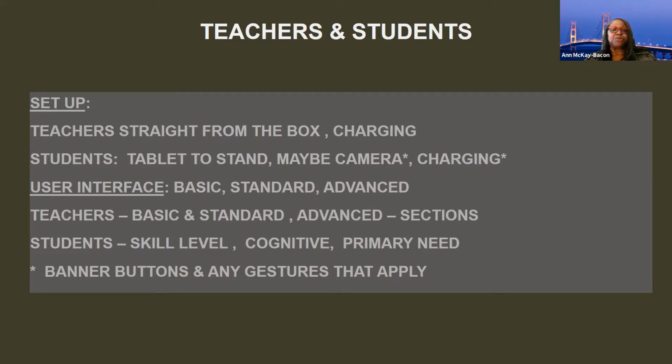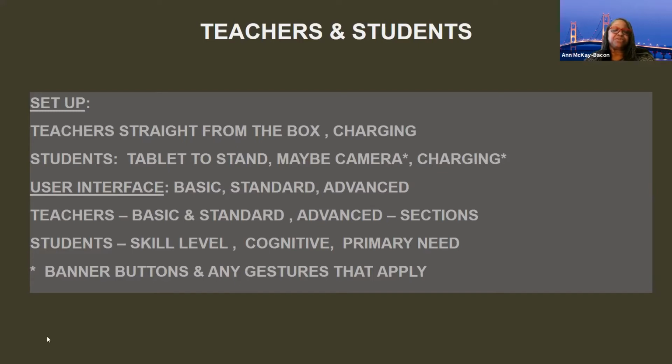All right, so user interfaces: with teachers, I start off with basic and standard, then I go into the advanced. With students, depending on the skill level, the cognitive level, and the primary need at that time, they're either at basic, standard, or advanced. Now, I go over all the banner buttons and any gestures that apply for that particular user interface.